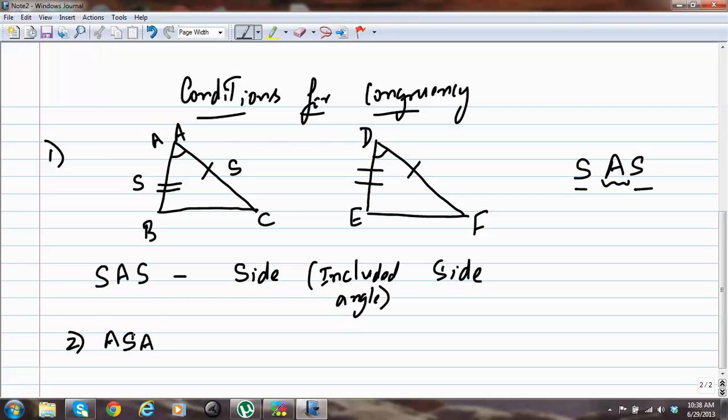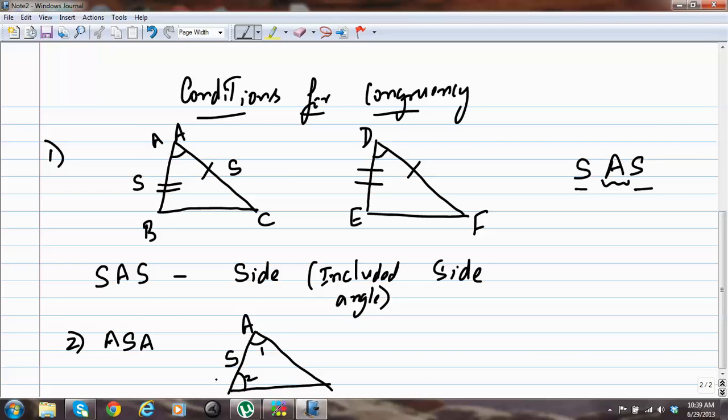This is very similar to this case where here we talked about the angle which is included by two sides, and here we are going to talk about the side within these two angles. For example, this is one angle, this is second angle, and this is the side.